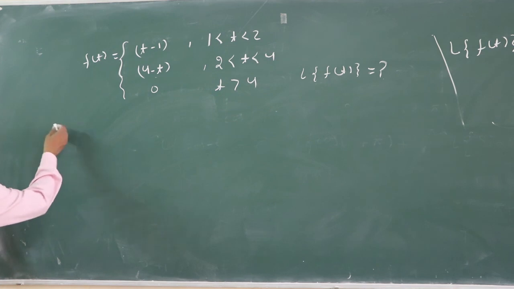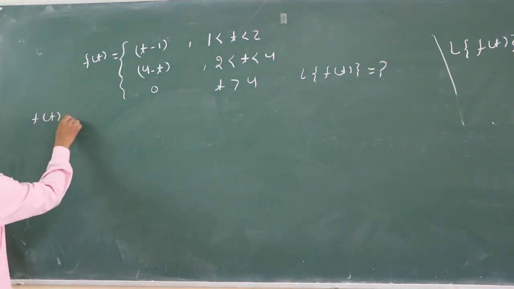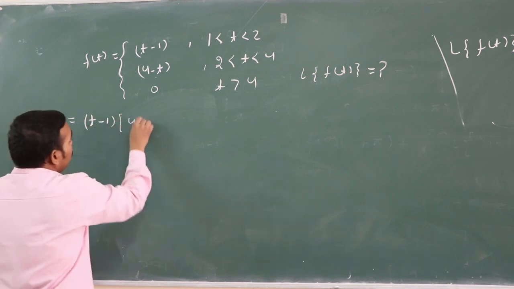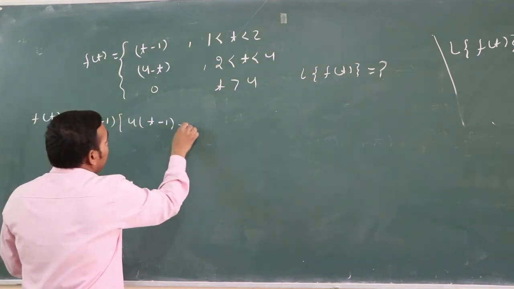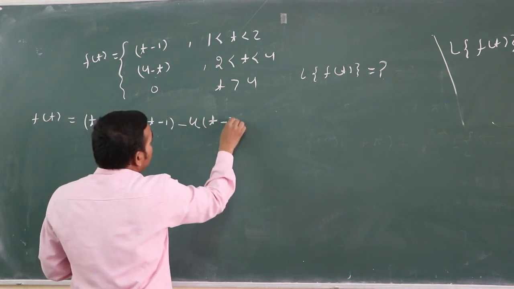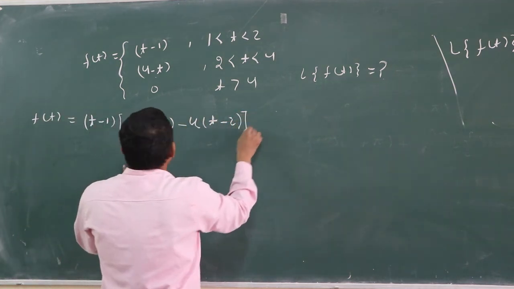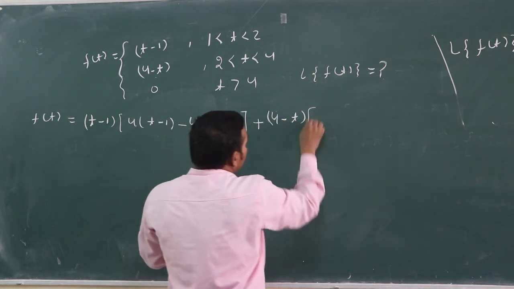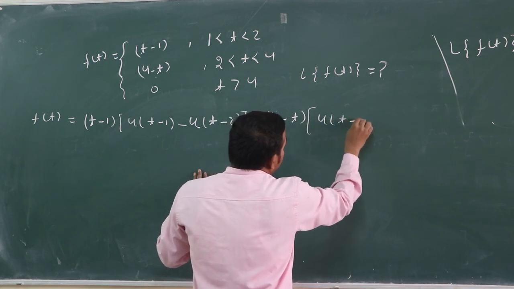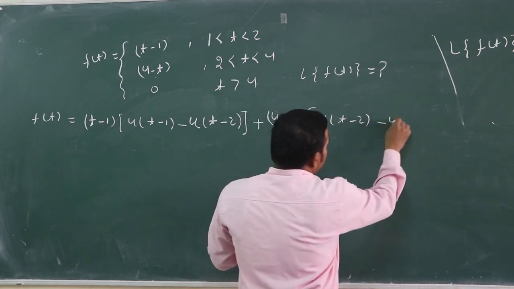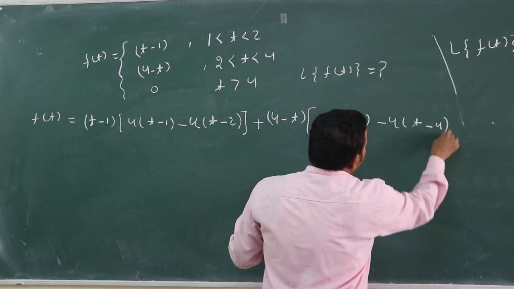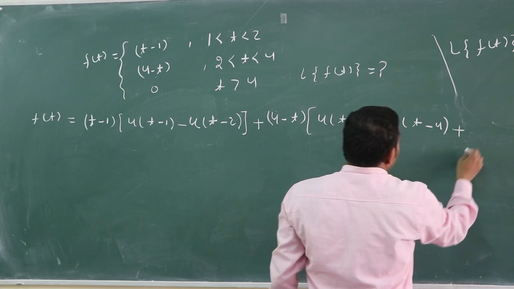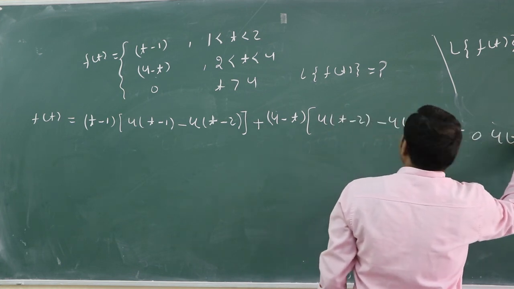So f of t can be written as t minus 1 times u of t minus 1 minus u of t minus 2, plus 4 minus t times u of t minus 2 minus u of t minus 4, plus 0 times u of t minus 4.